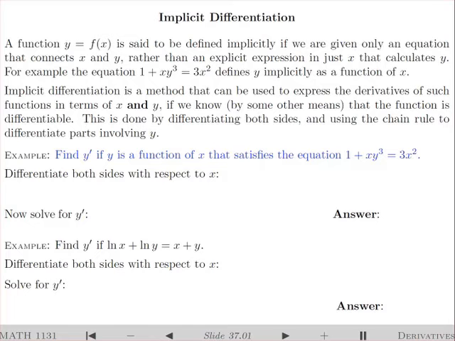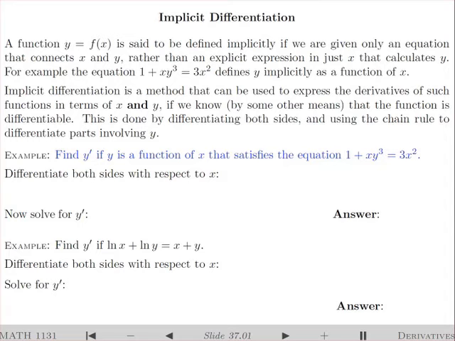You come to a simple function, power, exponential, or logarithm, which involves just x, then you differentiate as usual. Or it involves just y, then you have to use the chain rule. So it will be a composition of y with some function, and the derivative will be derivative of the outside function times derivative of the inside, which is y prime.